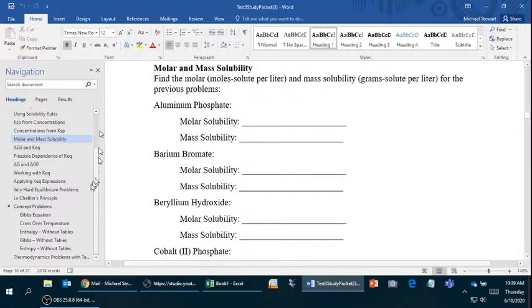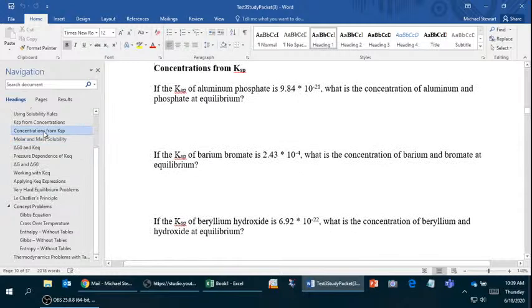So let's start with aluminum phosphate, AlPO4. I guess I can switch to blue. For any type of equilibrium problem, you need 3 things.